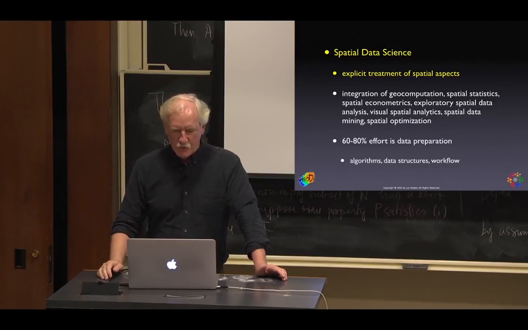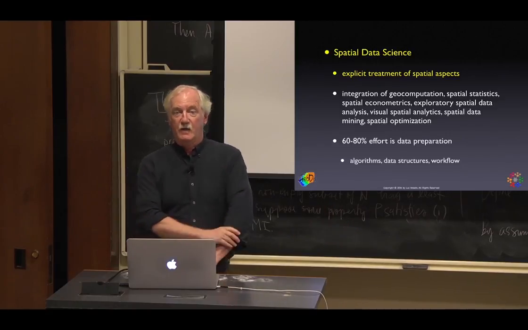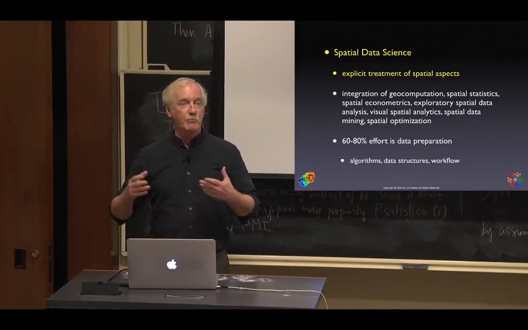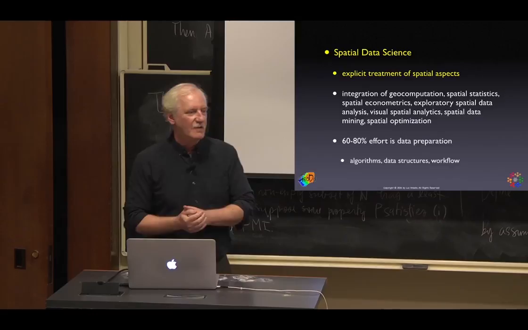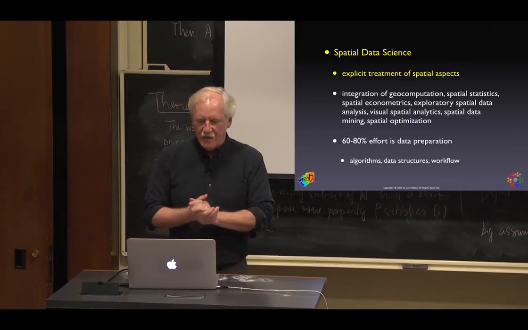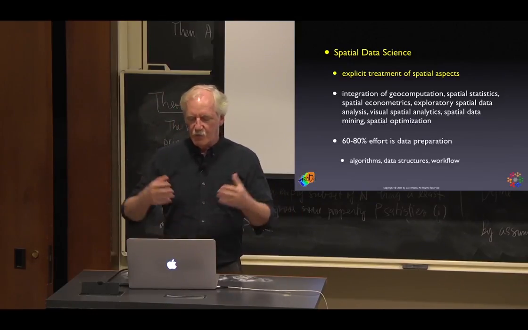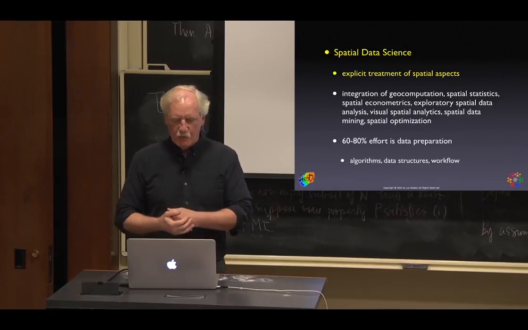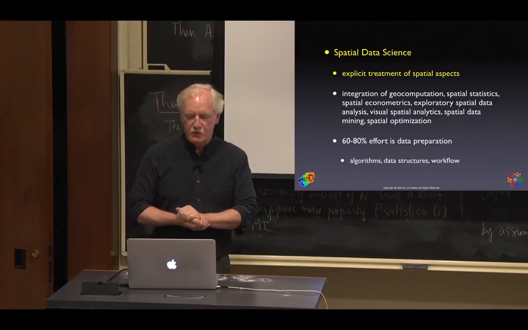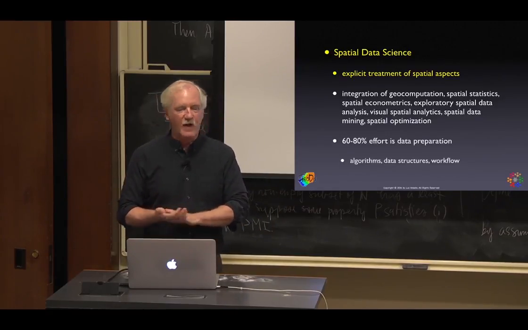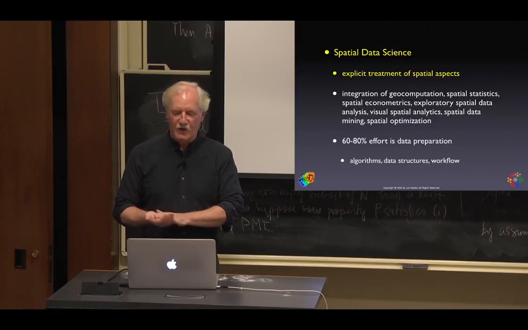So what is spatial data science then? Well, it's data science plus space, right? This is my take on things. And we integrate geocomputation, spatial statistics, spatial econometrics, exploratory spatial data analysis, visual spatial analytics, spatial data mining.